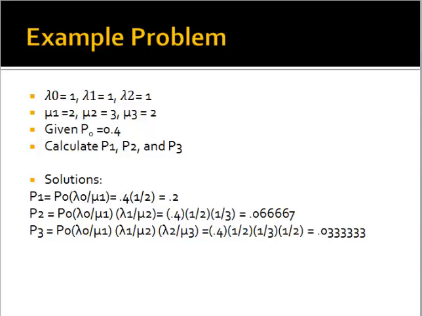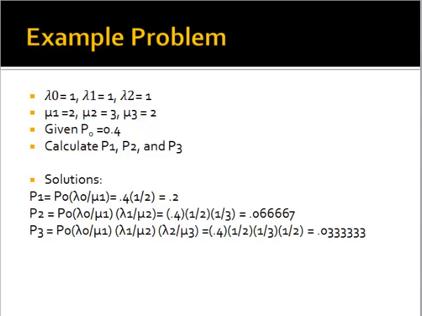So here is a quick example of Markovian state probability calculations. Here we're given the arrival rates of lambda 0, lambda 1, and lambda 2, all of which equal 1, as well as the service rates of mu 1, mu 2, and mu 3, as shown on the screen. We're also given the probability of being in state 0, and that is 0.4.